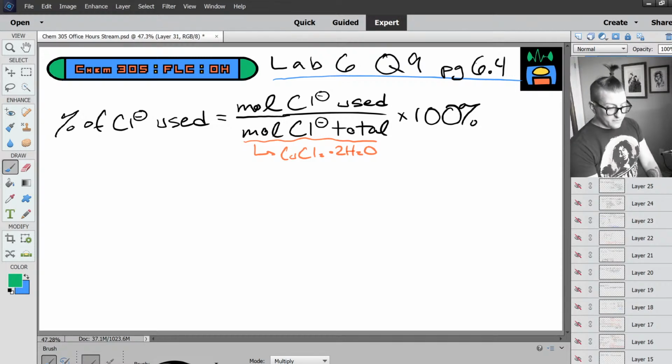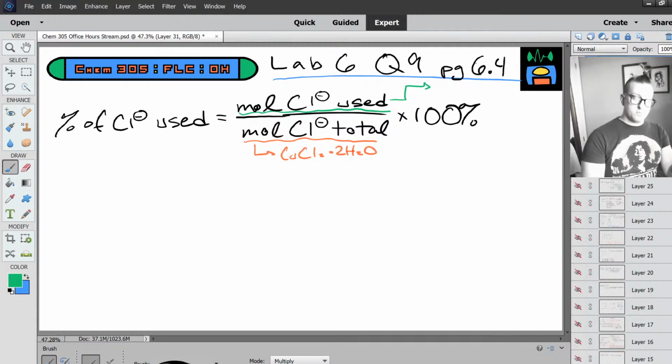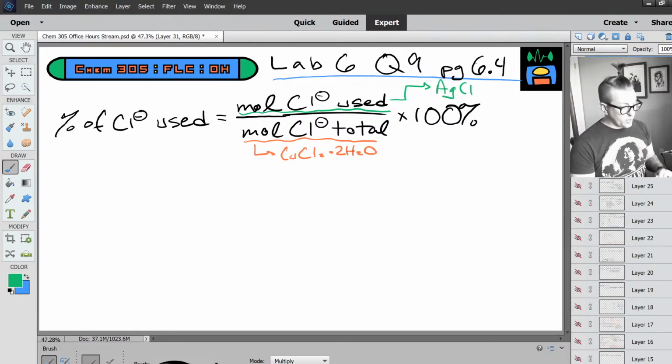The moles of chloride that got used in this reaction, the ones that reacted, would come from the amount of silver chloride precipitate that formed. All right?